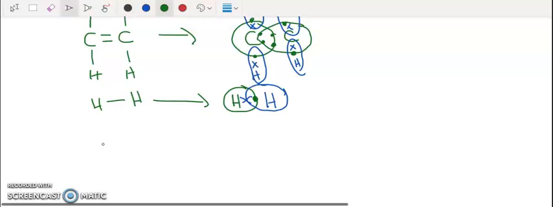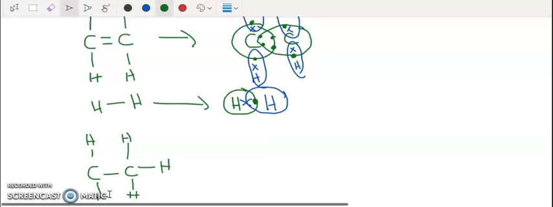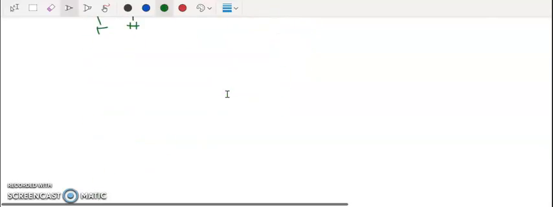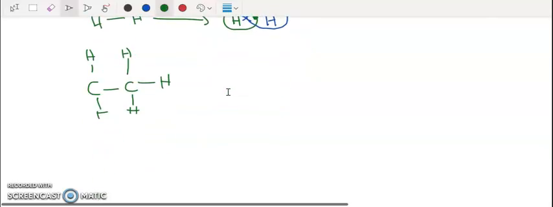C2H6. So what happens here is we've got 2 carbons and we've got 6 hydrogens, so it will form in this way. Let me just bring this down.